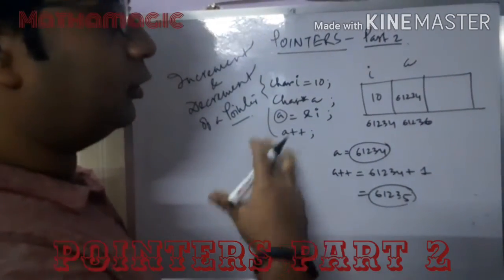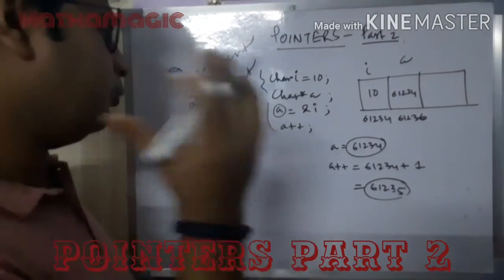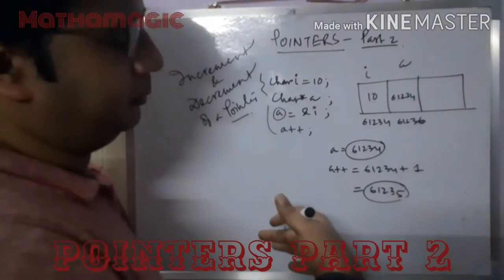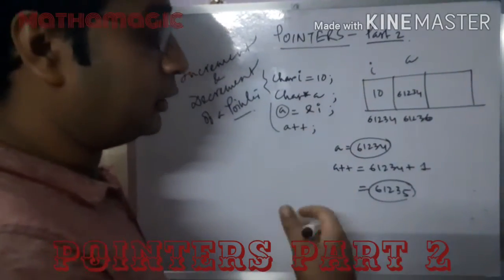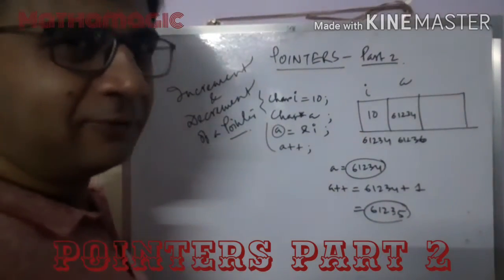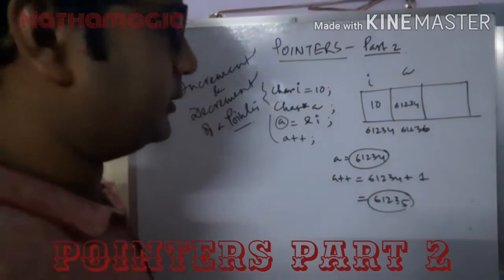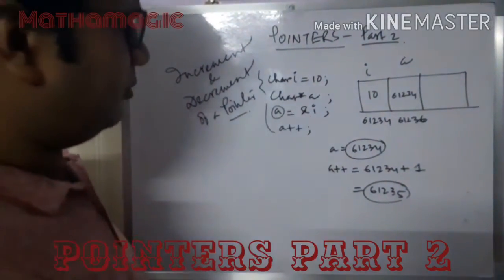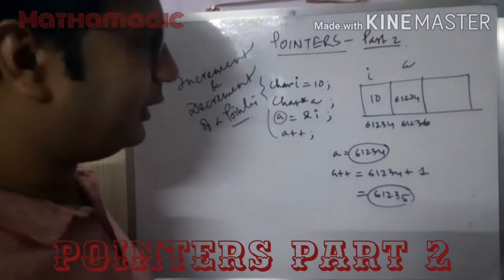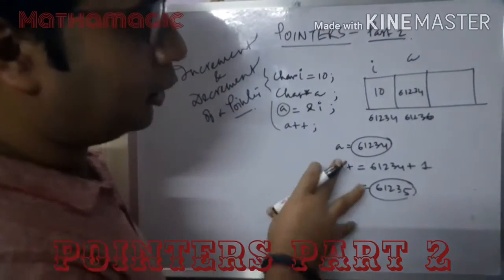In post increment we proceed first and then increment after the execution, and in pre increment we increment first and then proceed. As you all are aware of post and pre increment, we are not going into detail about them. So this is how the increment of a pointer works.